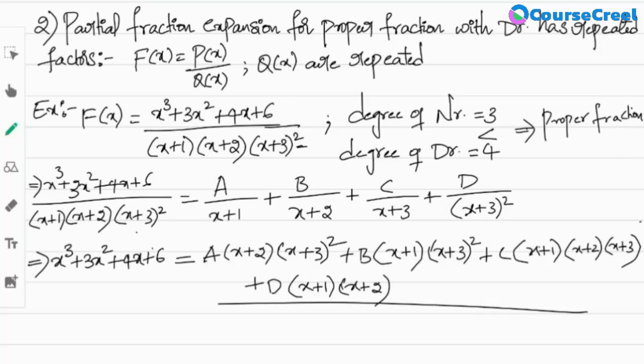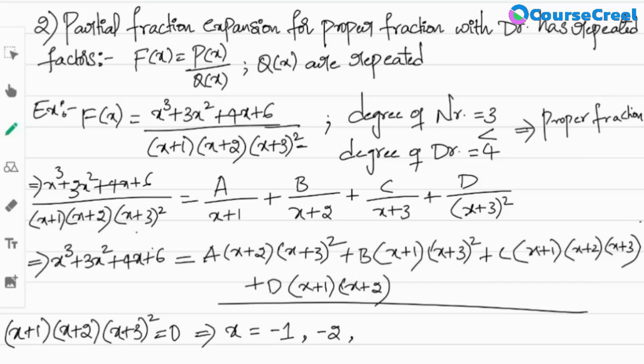So by equating the denominator equal to 0, we will get the roots as minus 1, minus 2 and minus 3. So now we need to substitute these roots in this expression and find the unknown values.